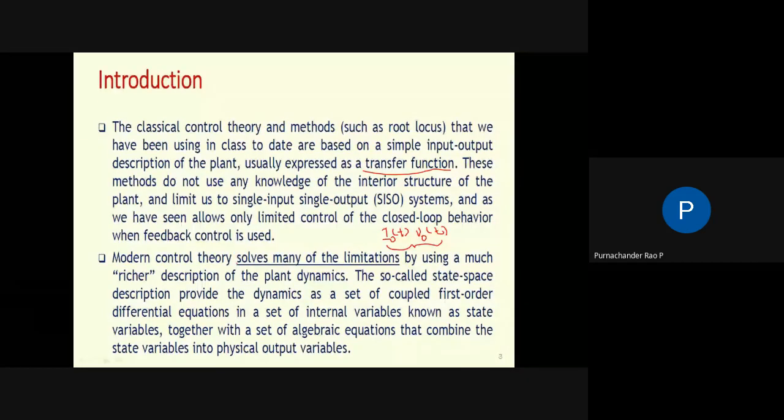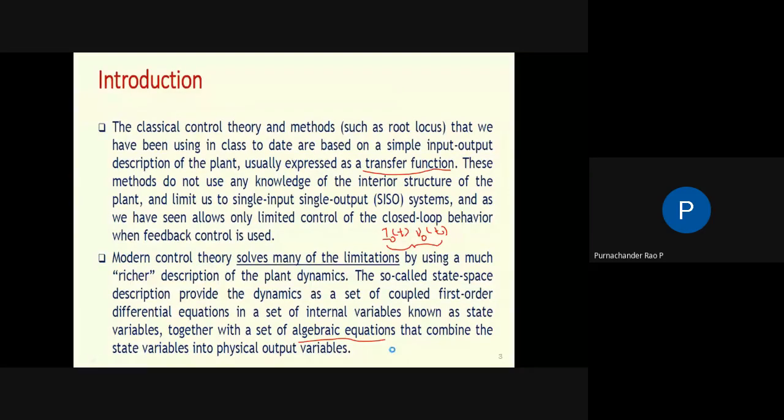Any type of input can be considered, not only the standard signals like step input, ramp input or parabolic inputs. Again, you can represent the algebraic equations in a matrix form, and it is very easy to analyze matrices using digital computers. So these are the major advantages of modern control theory over the classical control techniques.